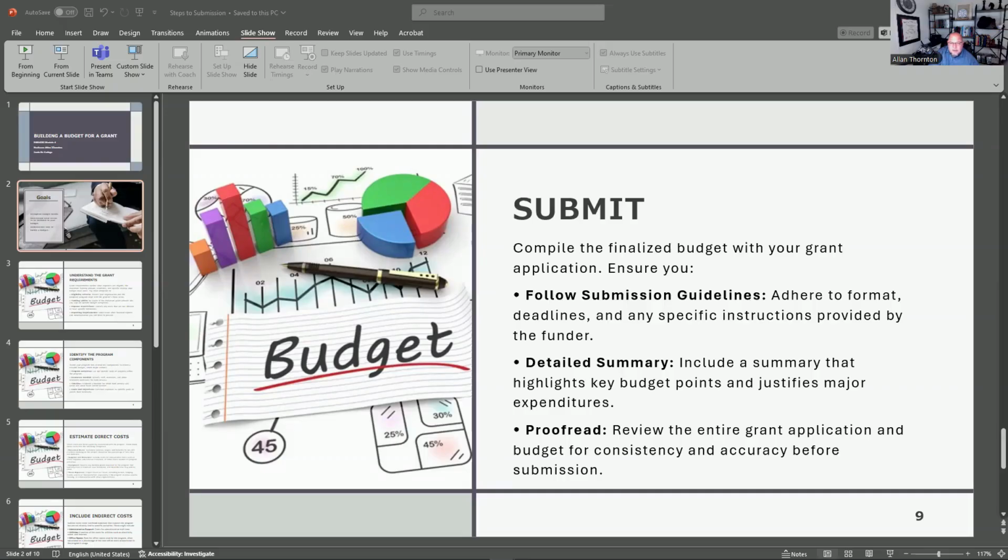So that kind of covers a budget for this part. We're going to do some more detailed stuff at a later time. There will be a video just on building your spreadsheet, getting it set up for what you need.